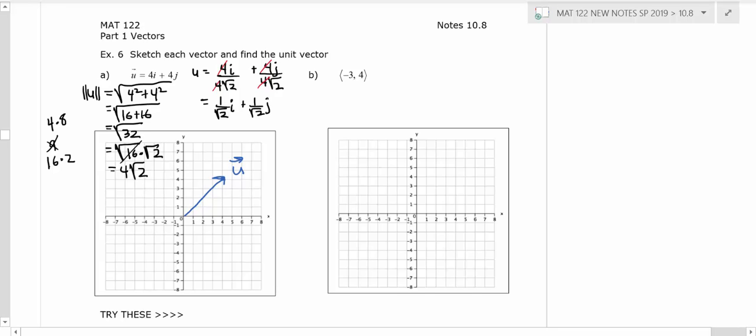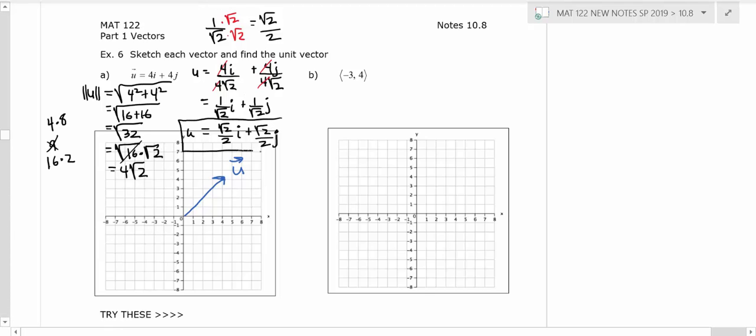And then you can rationalize that denominator, and I'll just review that real quick. We've done that a lot this semester. Multiply by root 2 over root 2, and you're going to get square root of 2 over 2. So the best way to write our unit vector is square root of 2 over 2 i plus square root of 2 over 2 j. That would be the unit vector.